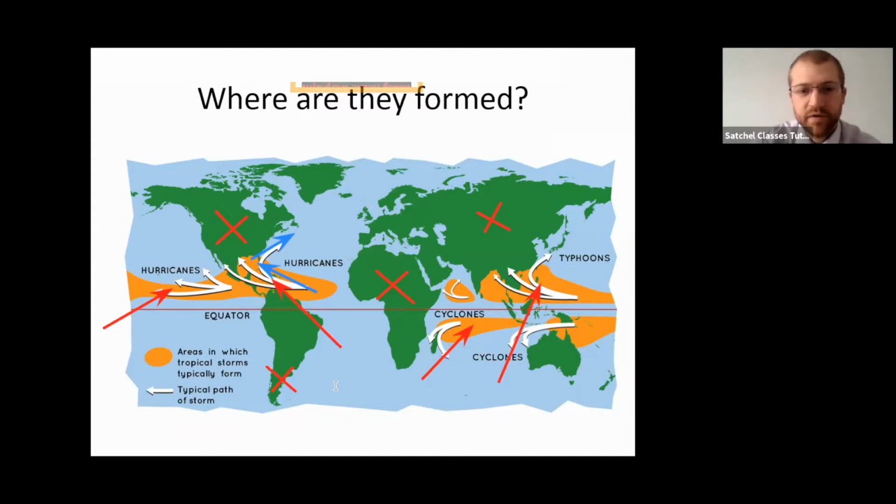So first of all, they form near but not on the equator. So that's quite a significant point. They form near but never on the equator. And we'll look at that in a moment.